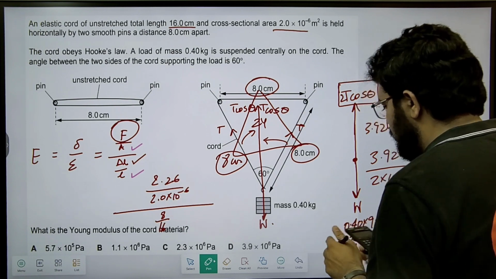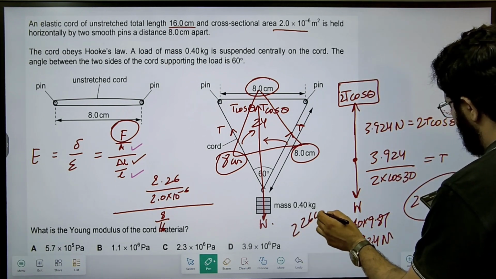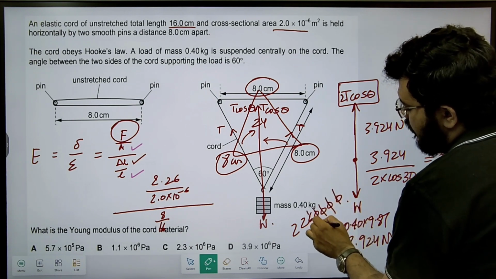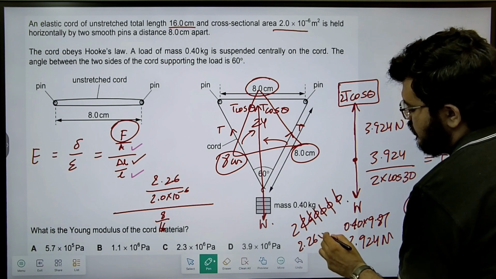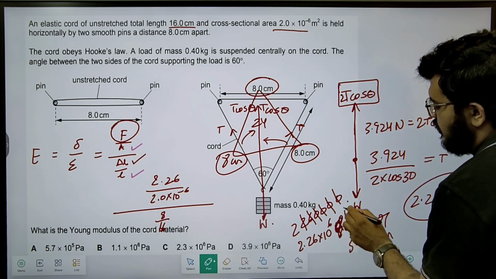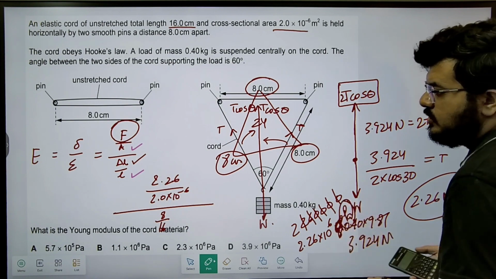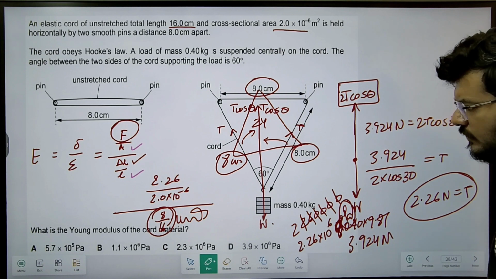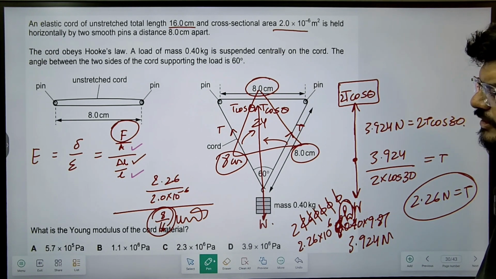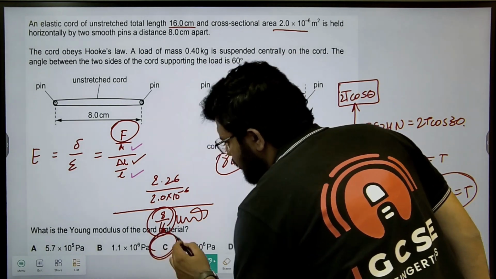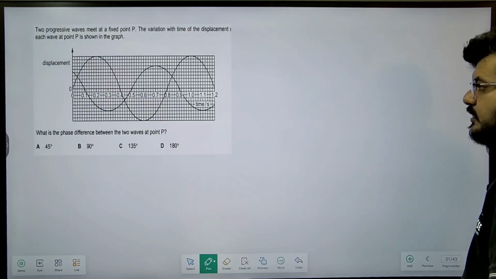That gives me 2.26 into 10 to the power 6 Pascal, right? Because again, this is Newton per meter square. This is a unitless number. Okay. So 5.7, 1.1, 2. Yes. Option C is your answer here.